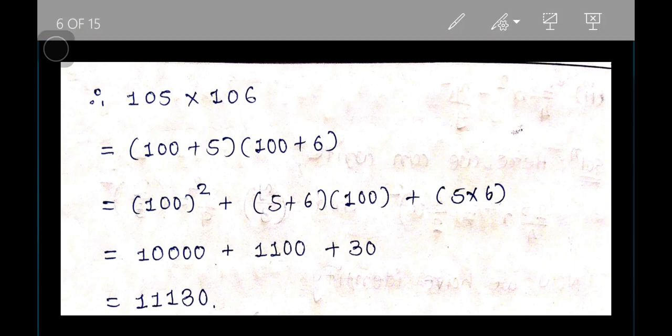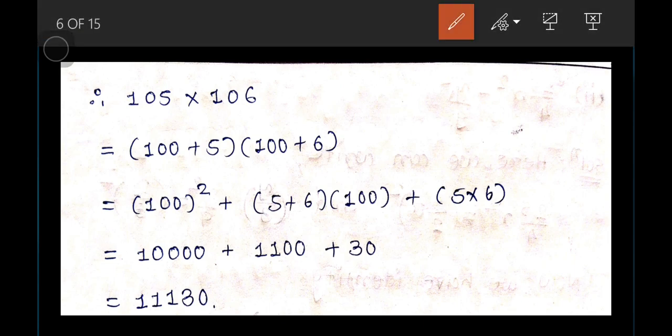So at last the answer can be written for 105 multiplied by 106. Here you can see that we have not multiplied this product directly, but we have used identities to find this multiplication. So now 105 into 106 is equal to 100 plus 5 into 100 plus 6.